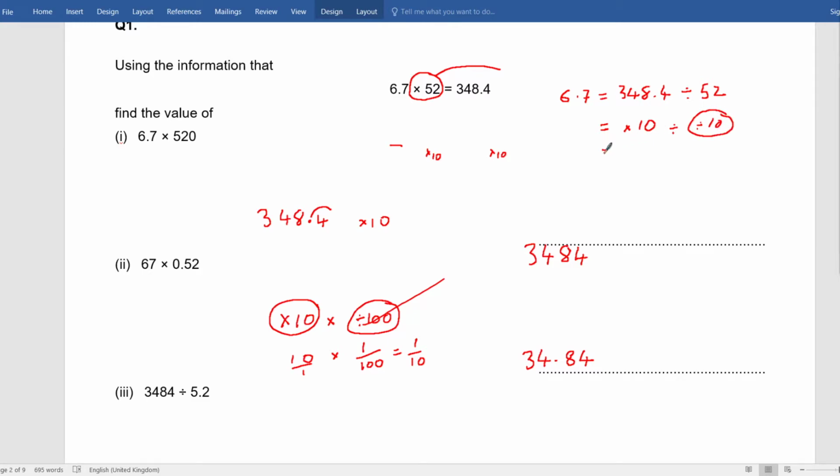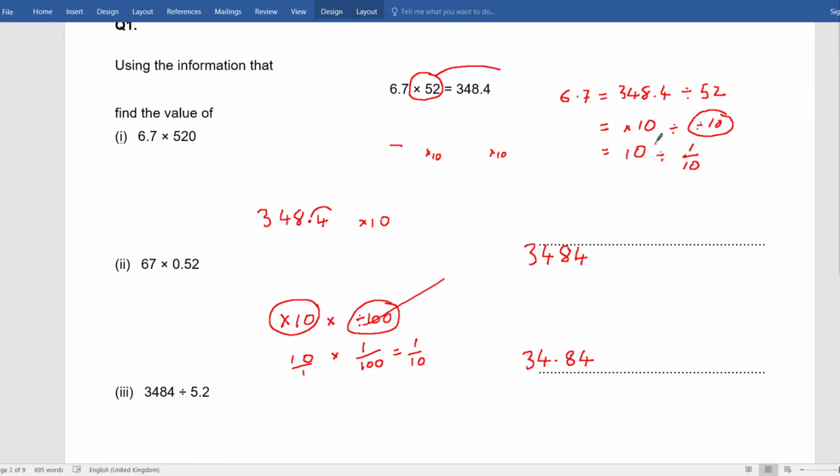Now this is 10 times bigger, and we're dividing by something. Now what we said earlier over here, dividing by 10 is the same as multiplying by a tenth. Okay, so dividing by 10 is the same as 1/10. So we're dividing by a tenth here.